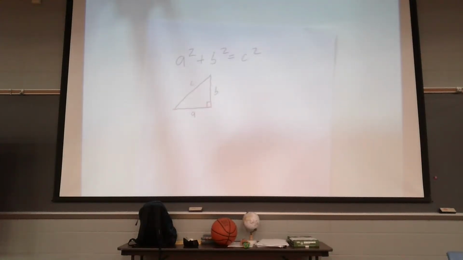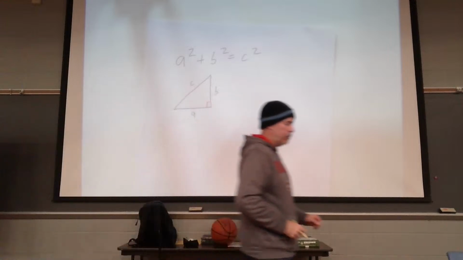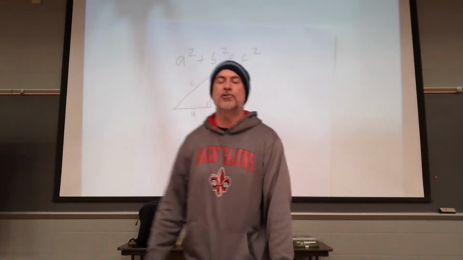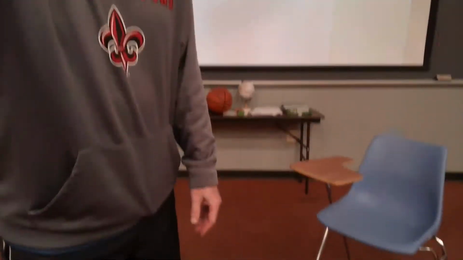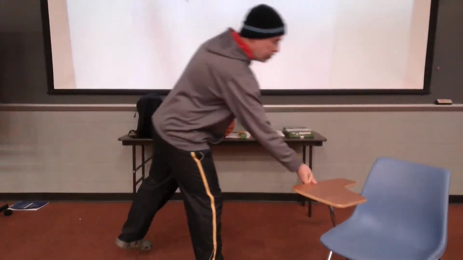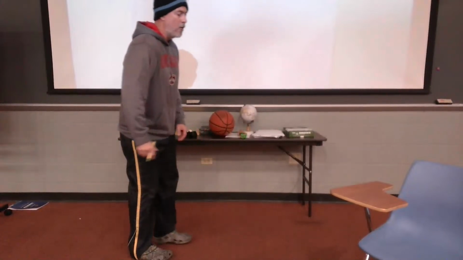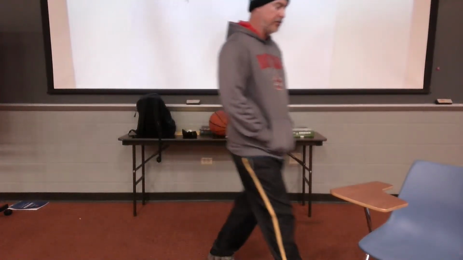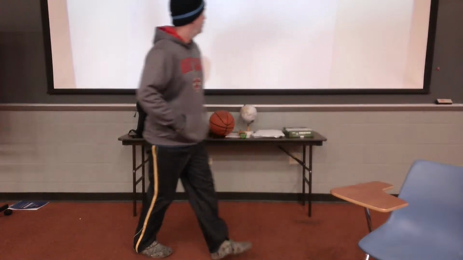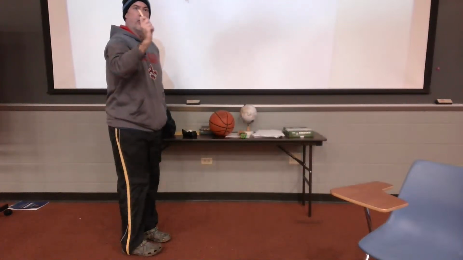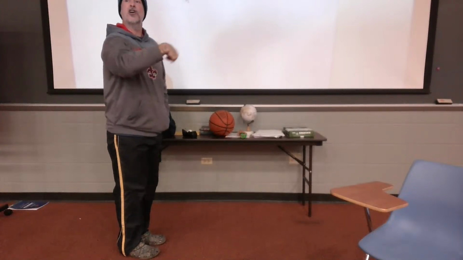I'll give you an example. I'm going to walk to this chair. I'm trying to give this example for the stream to see. Dr. Madsen gave us this example in class. All right, I'm going to walk to the chair. I have options. I can either walk straight to the chair in 2 steps. That would be like the C. Or I could walk around. I could go the long way.